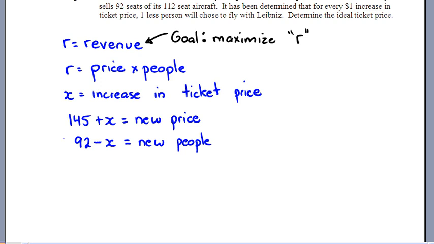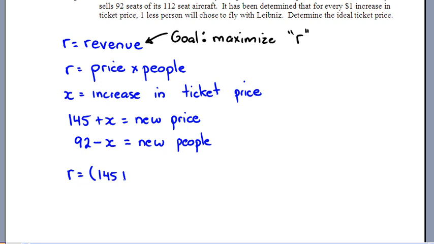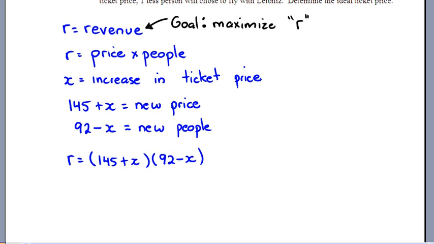Okay, well, here we go. So R would just be, I'm going to do this, just price multiplied by people, right? That's my plan. So my price is $145 plus X. And my new number of people go flying with my company here is 92 minus X. Oh, that's a product.